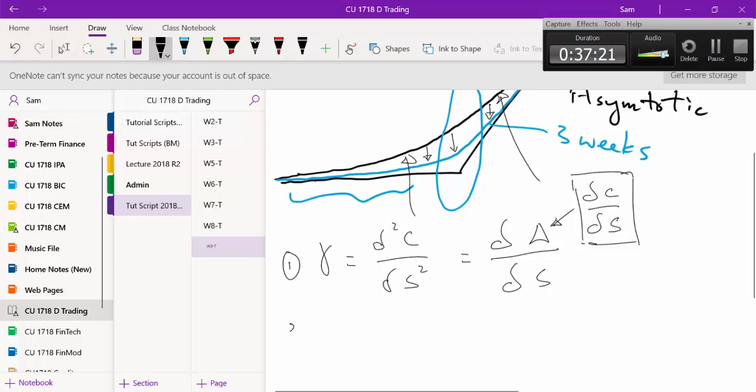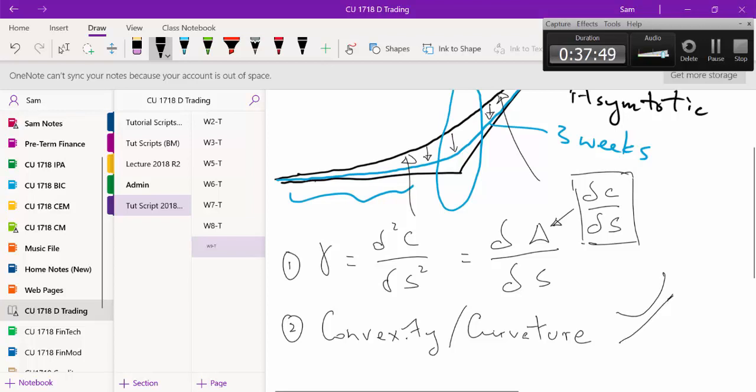The second way to understand it is to apply a word called convexity, which I think you have heard of many times. You could also think of it in terms of another word, which is easier to understand, what I call curvature. Curvature is how curved something is. So something like this has more curvature than something like this.